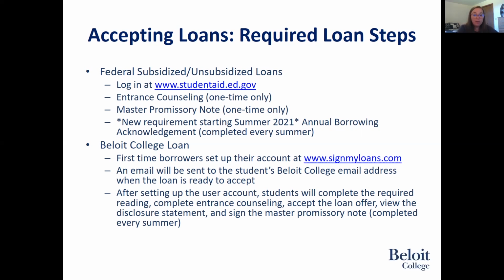Let's be very careful and make sure we're not logging in with the parent username and password, because it has to be completed with the student's username, which is connected to the student's social security number. And if a parent does it on the student's behalf and with the parent's username, it comes to me as if the parent themselves with a parent social security number completed those. So it won't sync in my system. So just make sure you are logging in as a student.